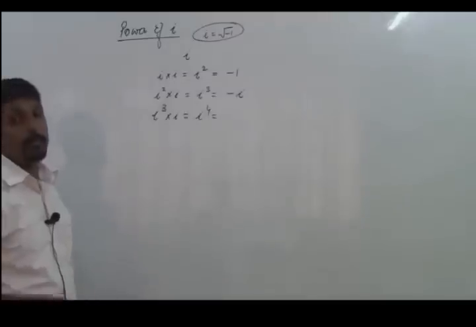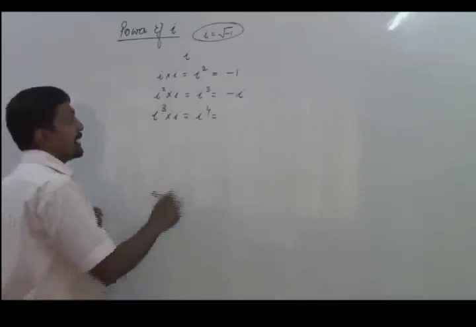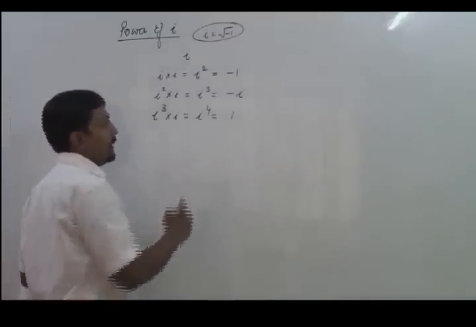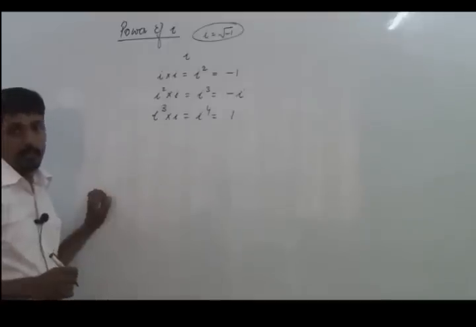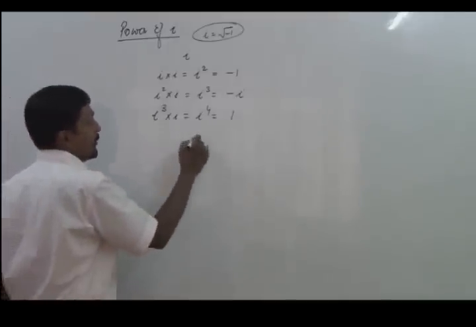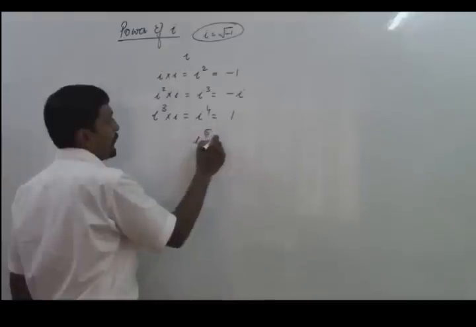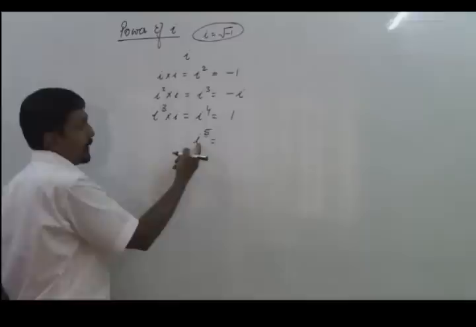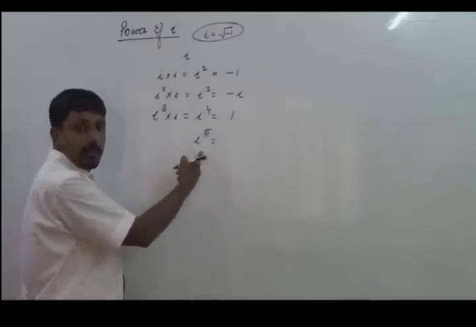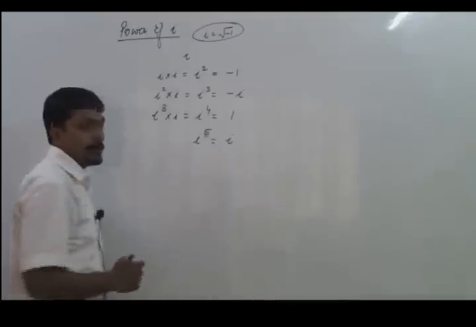Minus iota multiplied by iota gives minus iota square, so the value of iota to the power 4 is 1. Same way, iota to the power 5 is iota to the power 4 into iota, that is iota only.